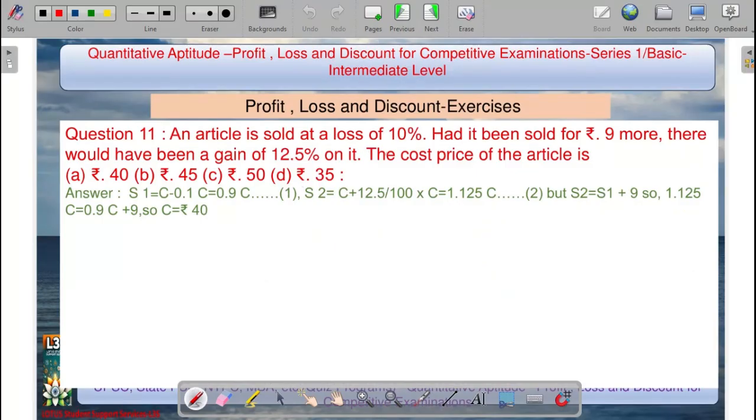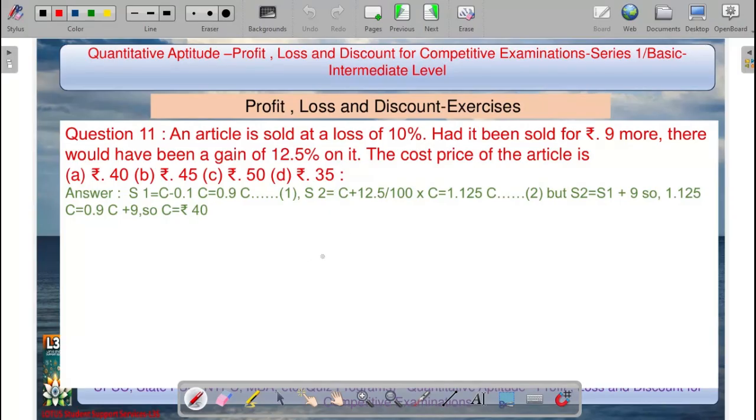An article is sold at a loss of 10%. Had it been sold for rupees 9 more, there would have been a gain of 12.5% on it. The cost price of this article is? So it's a tricky question. First we have to find the equation. An article is sold at a loss of 10%.